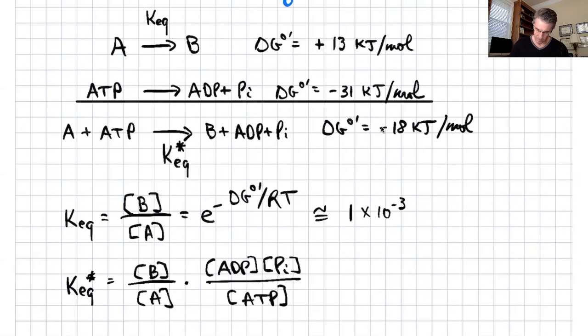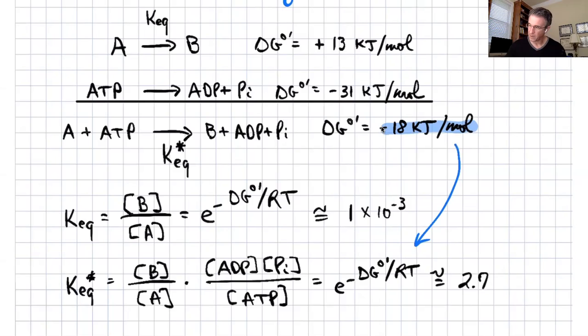With this, that overall free energy is now going to be, again, e to the minus delta G naught prime over RT, using the free energy for the overall reaction, which is in the range of 2.7 times 10 to the 2.